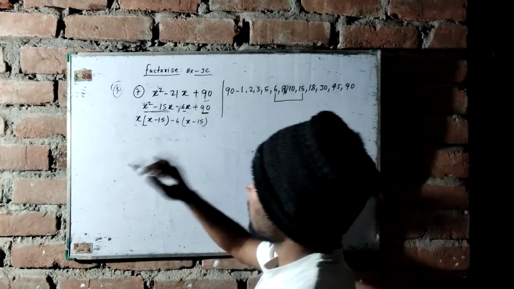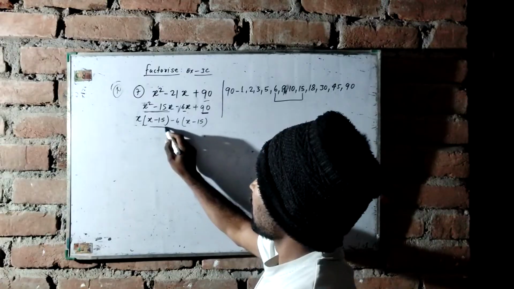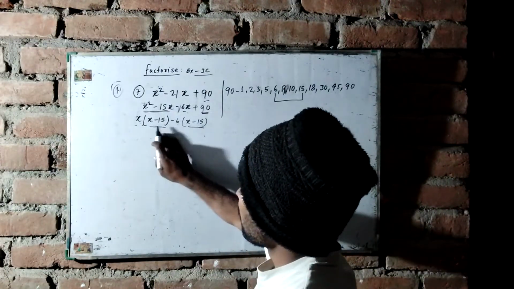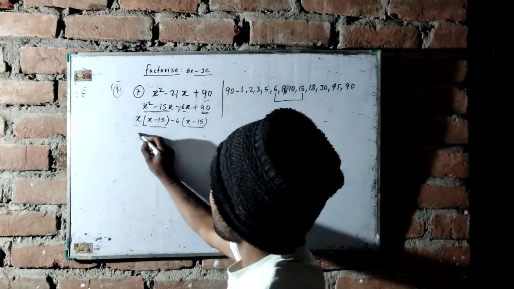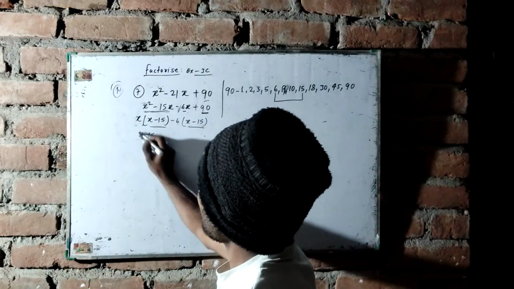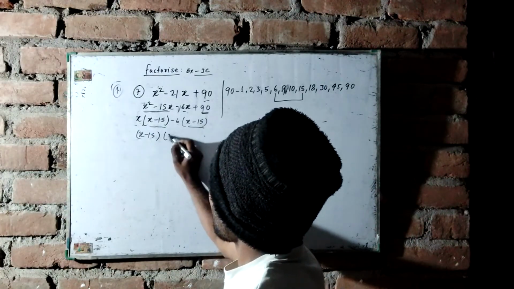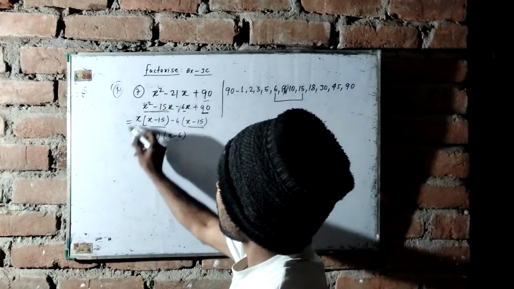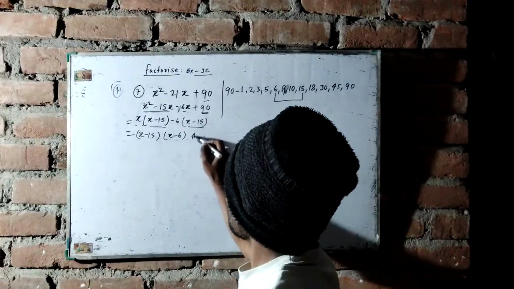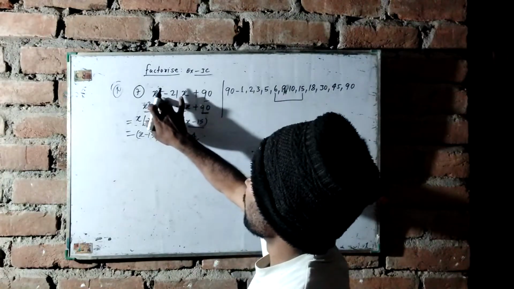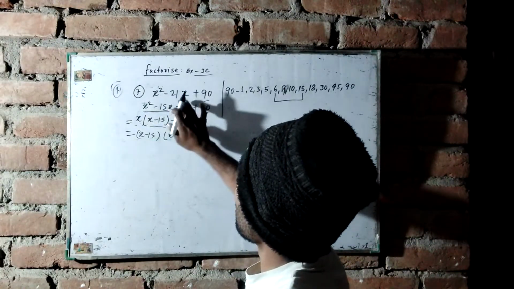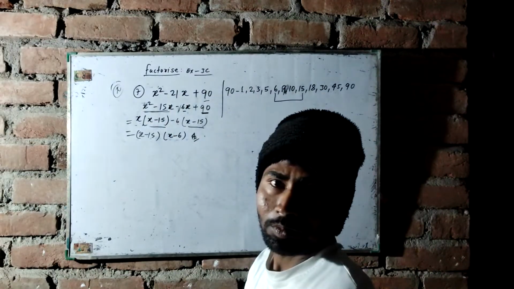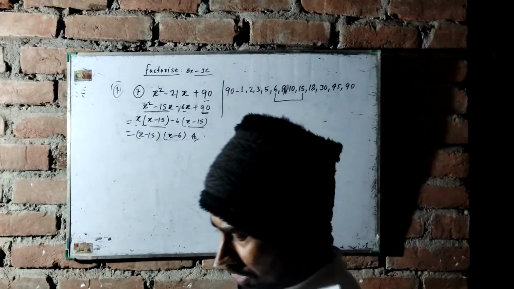So now we can see x minus 15 and x minus 15 are present in both terms. So we can take x minus 15 common and we can write x minus 6 as a multiple. This is the required factors of the polynomial x square minus 21x plus 90. Now let's go ahead to the next question.